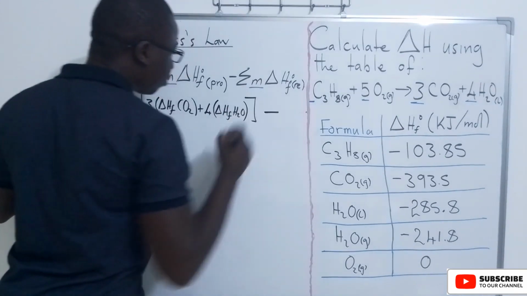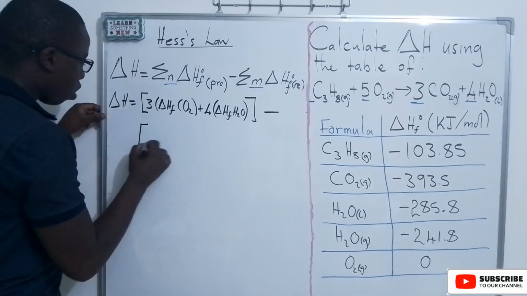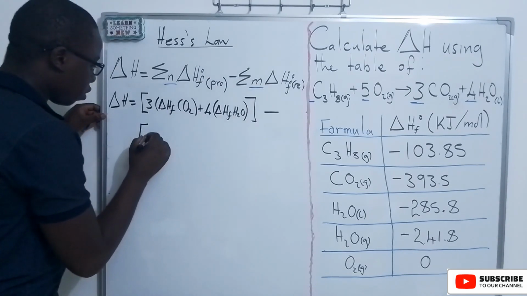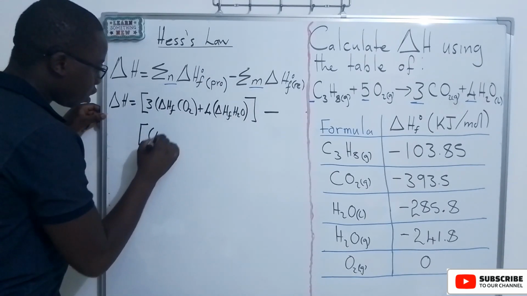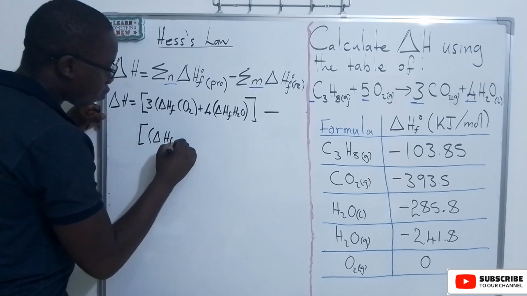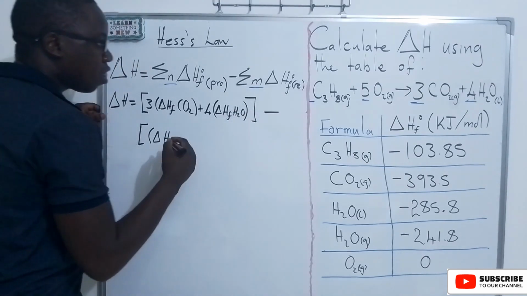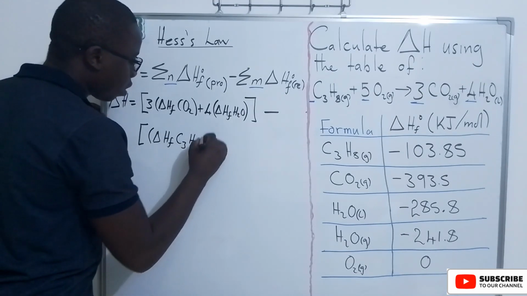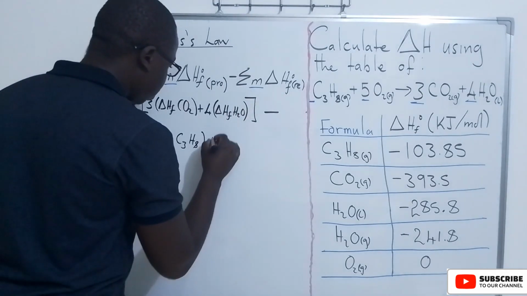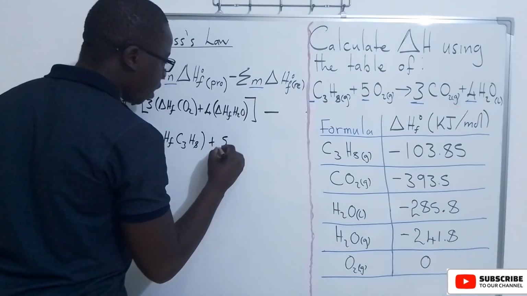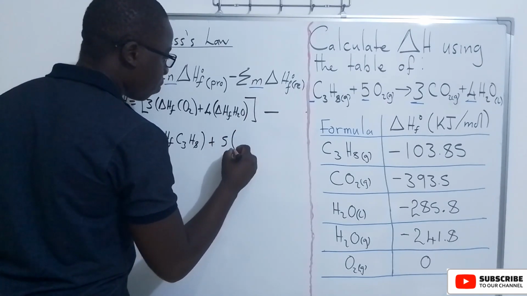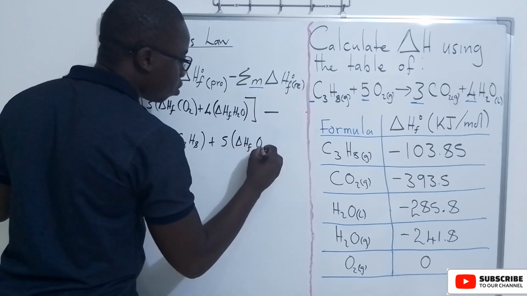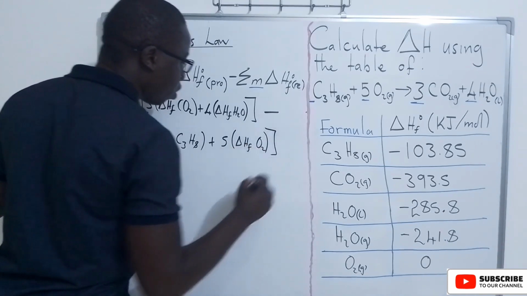We are subtracting open bracket, the reactants, the first one is the change in enthalpy of formation of C3H8, then plus 5, open bracket, the change in enthalpy of formation of O2. Then we close the bracket.